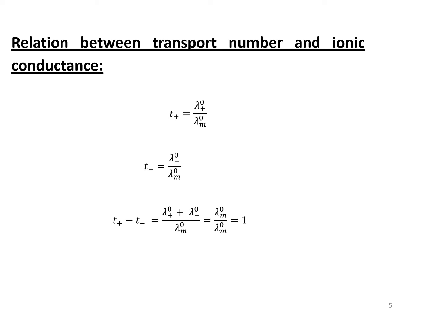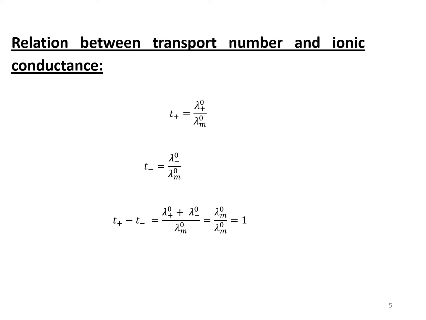Similarly, the transport number of an anion is given by lambda naught minus by lambda naught m. As before, lambda naught minus is the ionic conductance of an anion at infinite dilution, and lambda naught m is the molar conductance at infinite dilution.